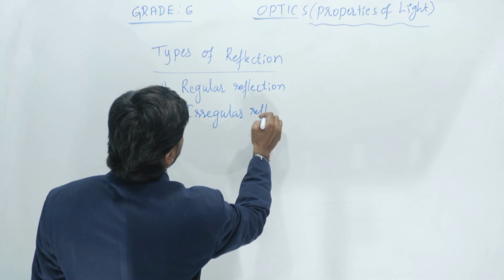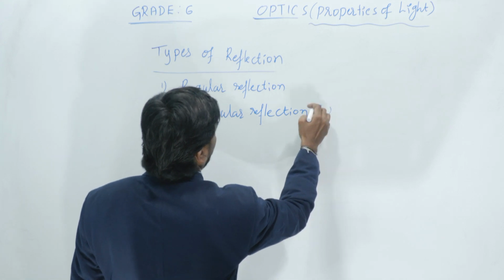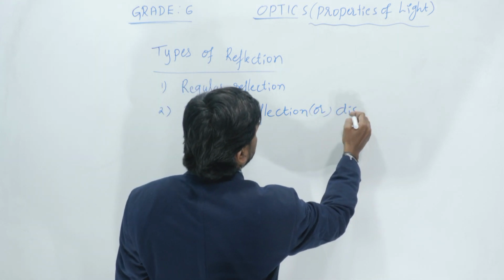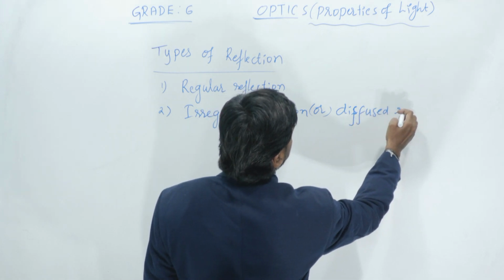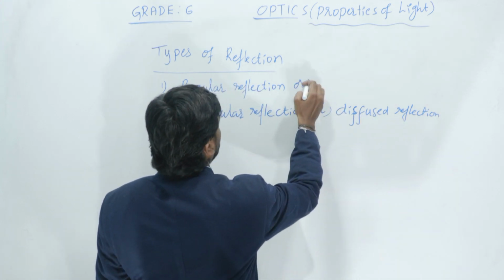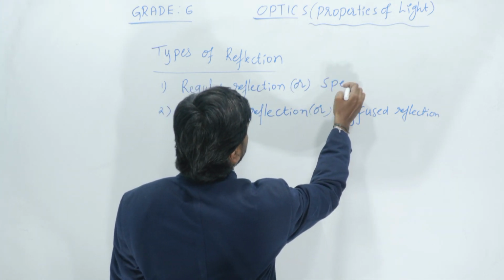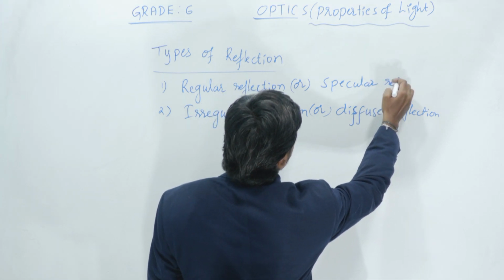This irregular reflection is also known as diffuse reflection, and regular reflection is known as specular reflection.